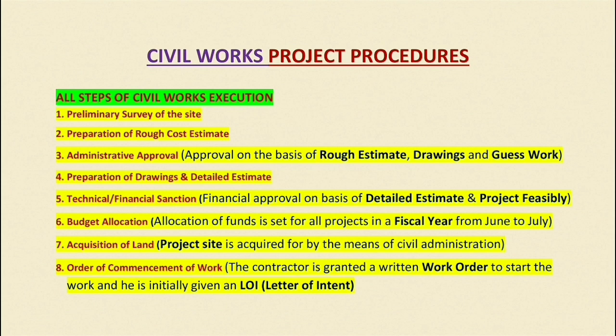So drawings are necessary at this stage. On the basis of the drawings and rough estimate, administrative approval is acquired. And what is an administrative approval? It's just the permission from the management to start the work.